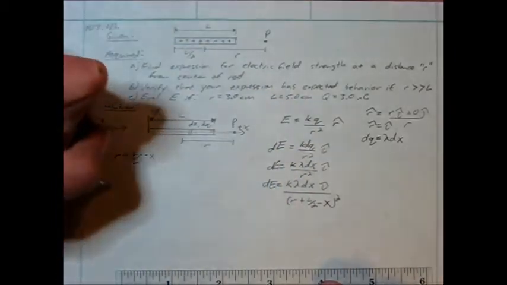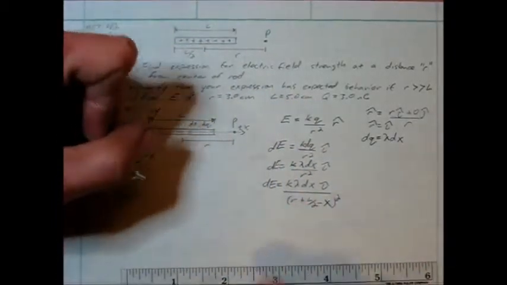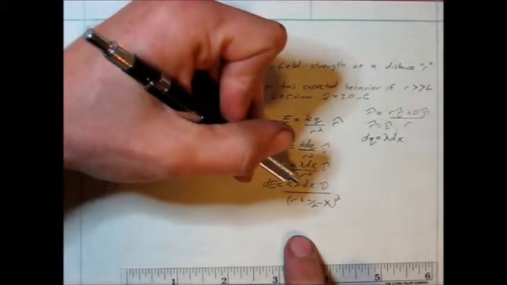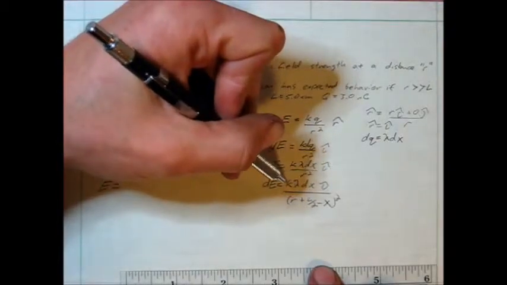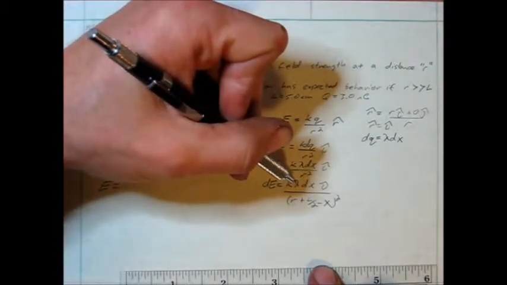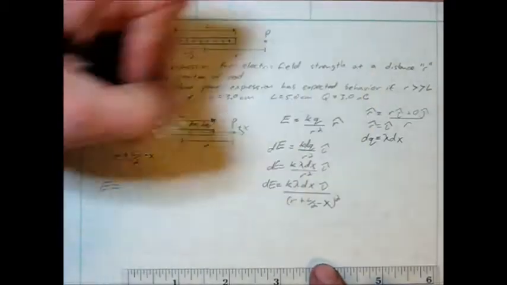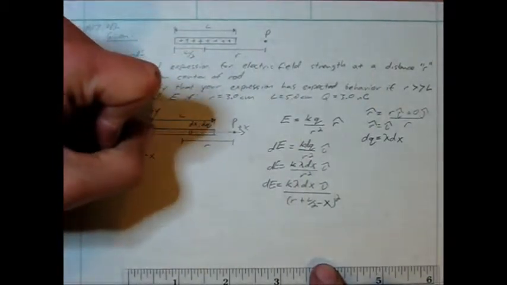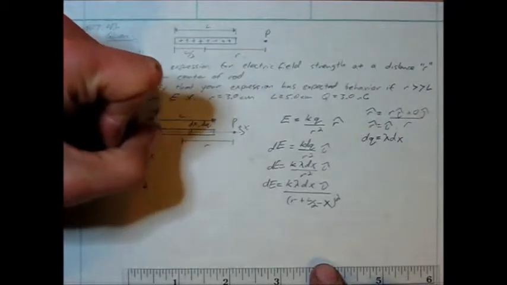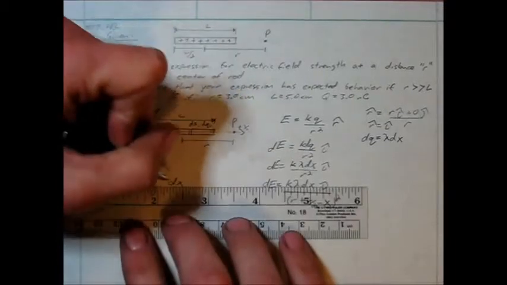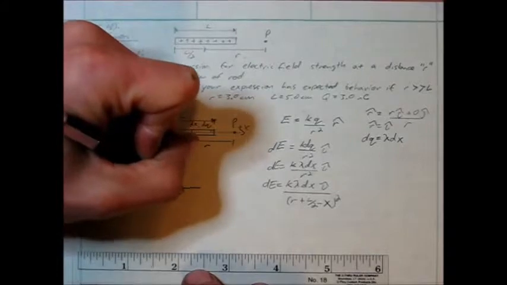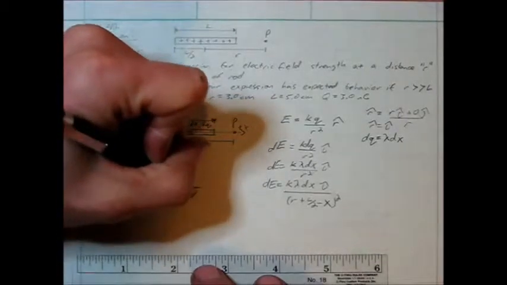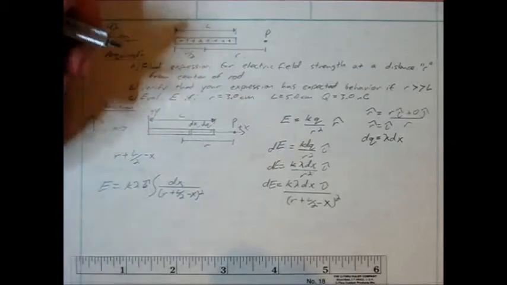Let's do it over here. E equals, if we use this, we can take some of these things and move them out front. They're just constants in there that we're going to multiply. K, lambda, those are going to come out front, and actually the I hat too. K, lambda, I hat times the integral of dx over r plus L over 2 minus x squared.